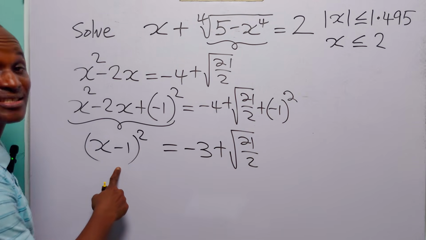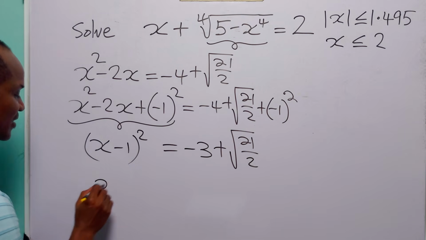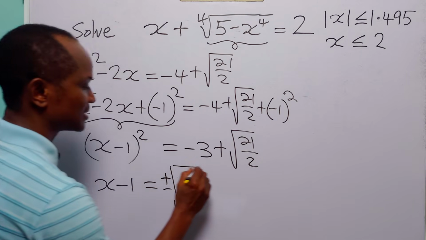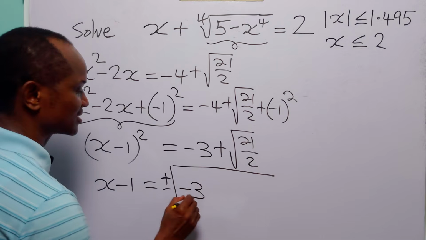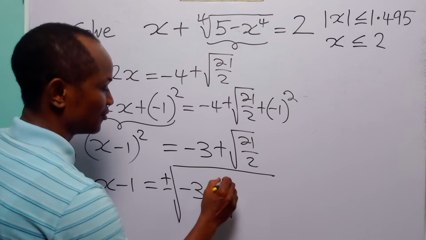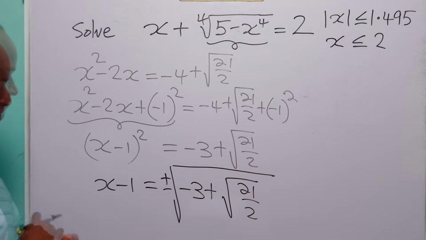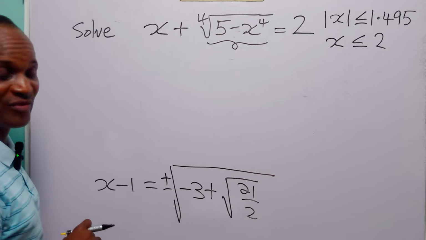Now we take square root. When we do that, we have that x minus 1 is equal to plus or minus the square root of minus 3 plus root 21 over 2. And from here, we have two values of x.